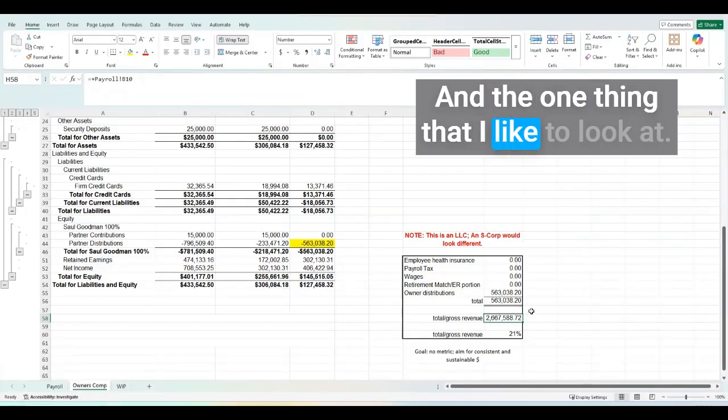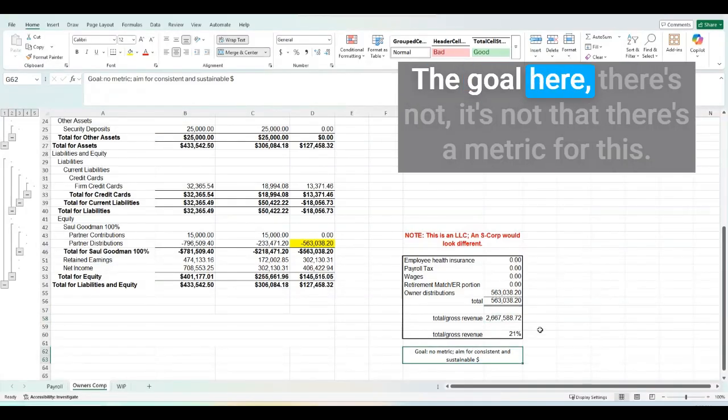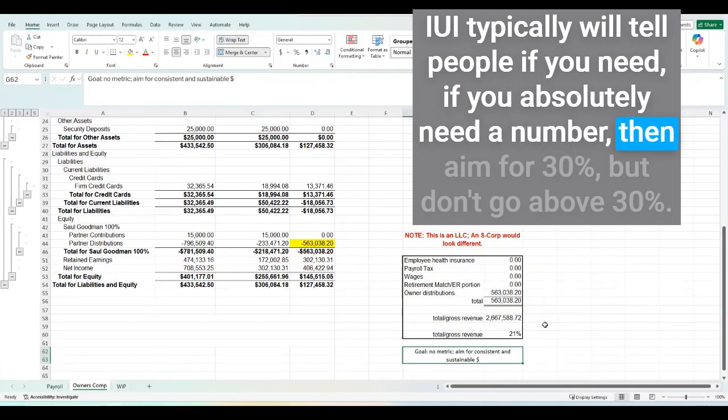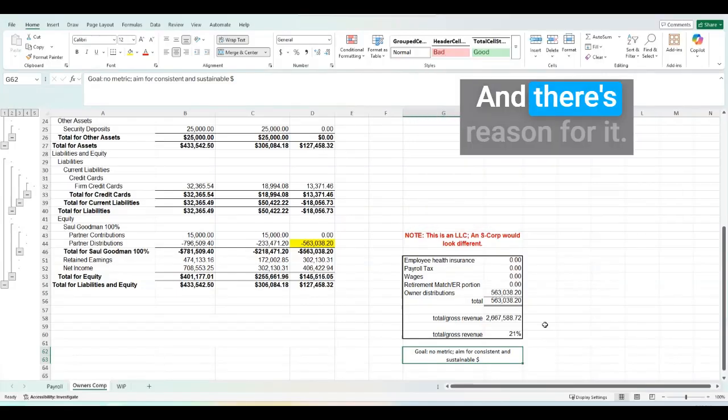And the one thing that I like to look at, the goal here, it's not that there's a metric for this. I typically will tell people if you absolutely need a number, then aim for 30%, but don't go above 30%. And there's a reason for it.